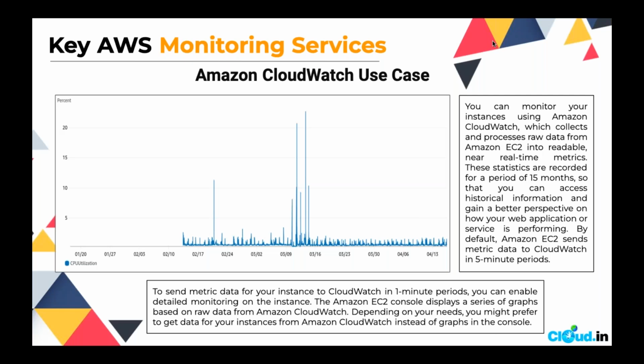So, as I said before, you can create metrics such as CPU utilization. You can see the graph over here. How does the CPU utilization graph look for 2 to 3 months? By default, each data point covers the 5 minutes that follow the start time of activity for the instance.